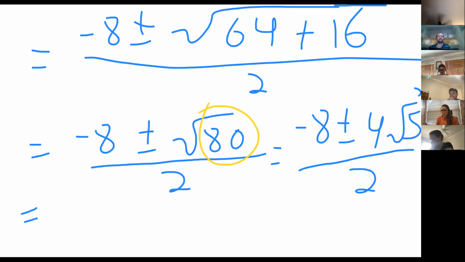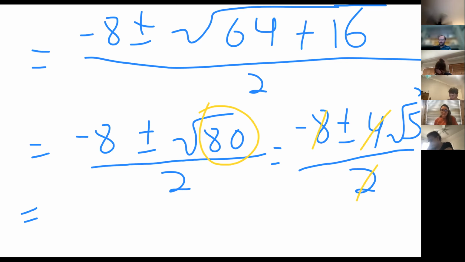And so who was I talking to? Kathleen? So I simplified that, divided it by 2, and I got negative 4 plus or minus 2 with the radical of 5. Okay, so you have to make sure you divide this by 2, you divide this by 2, and you divide that, right?